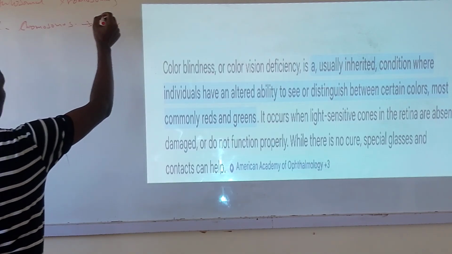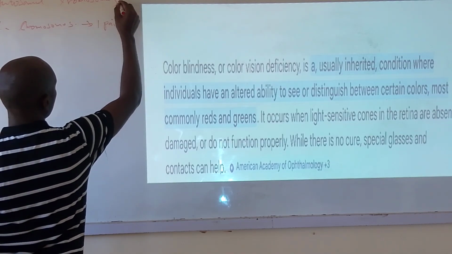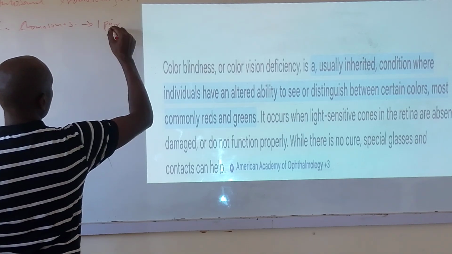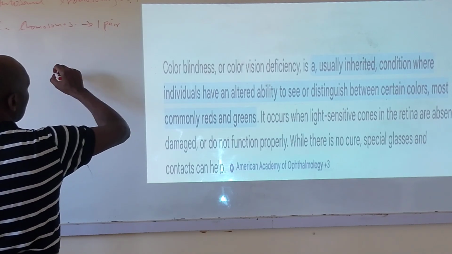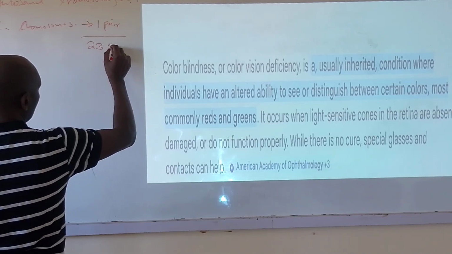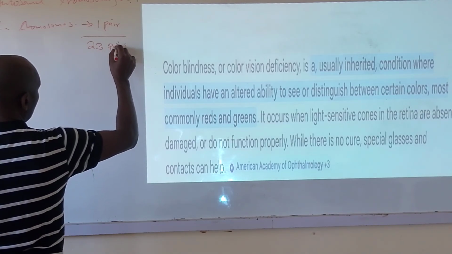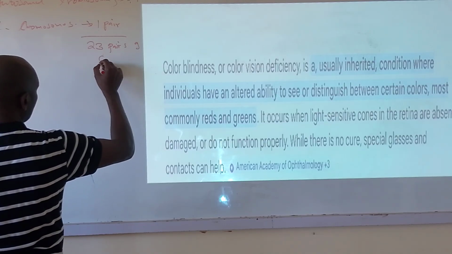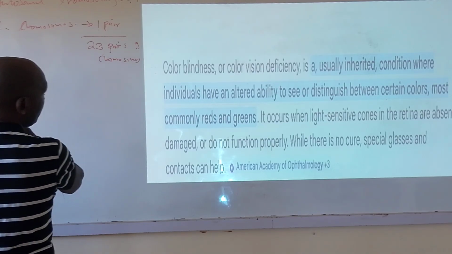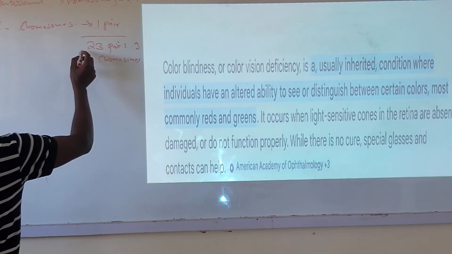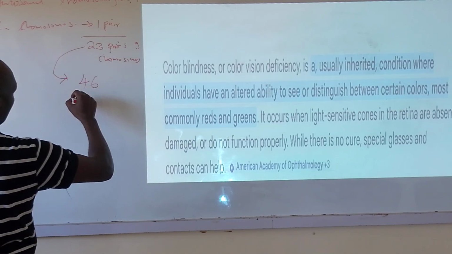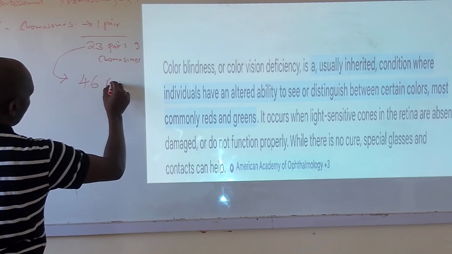And for autosomal chromosome, it's 22 pairs. So 22 pairs plus one pair, a human being is supposed to have 23 pairs of chromosomes.